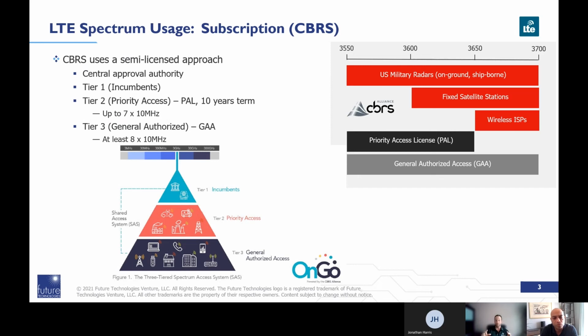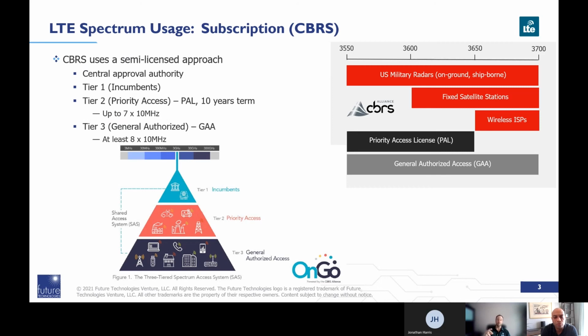So anyone and everyone has the ability, providing that there's not a tier above them that's using the licenses, to use that GAA spectrum to deploy their own private networking. And the FCC also put some rules in about how many PALs can exist in a different area and things like that, which basically indicates that every single geographical location across the US does have GAA spectrum available everywhere. So everyone can still deploy even if they don't have a PAL license.